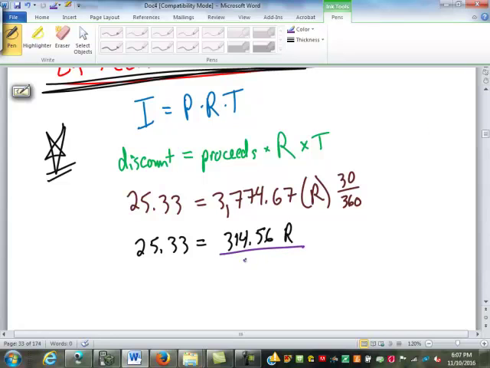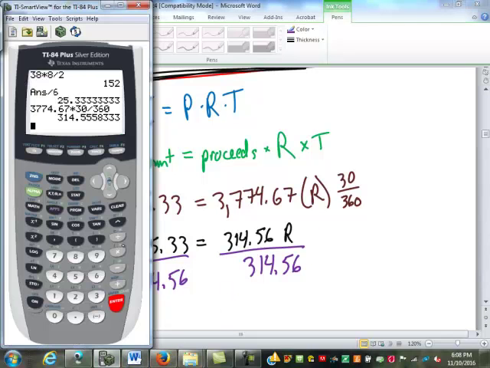Yes. I'll show you here in a minute. Technically it's a rounded answer. So if I round here, or if I don't round, I'm going to do the 25.33 divided by the numbers being stored in my calculator. So 25.33 divided by, and then I'm going to go second answer.